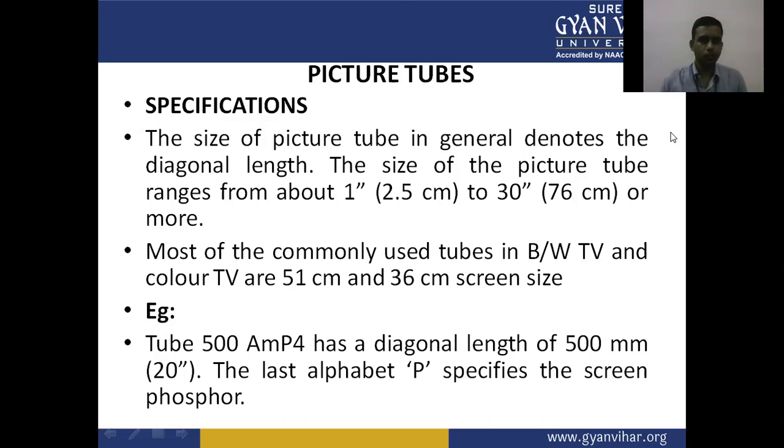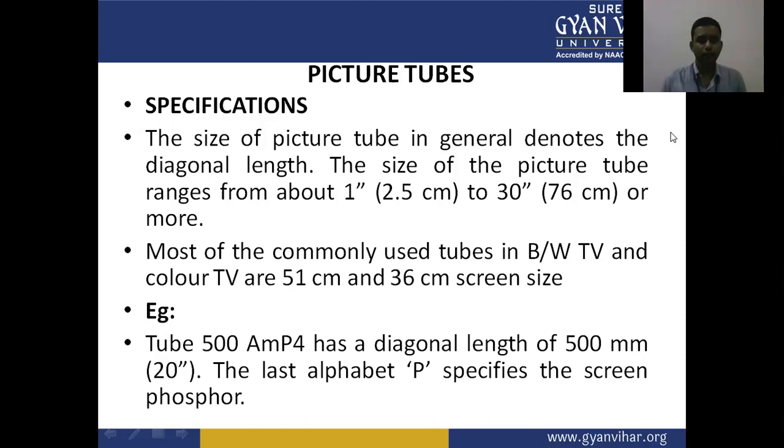So 30 inches equals 76 centimeters, because 1 inch is equivalent to 2.5 centimeters. And so we have picture tubes of 1 inch to 30 inches or more than 30 inches available nowadays. The most commonly used tubes in black and white TV and color TV are 51 centimeters and 36 centimeters screen size, and this size is always measured along the diagonal.